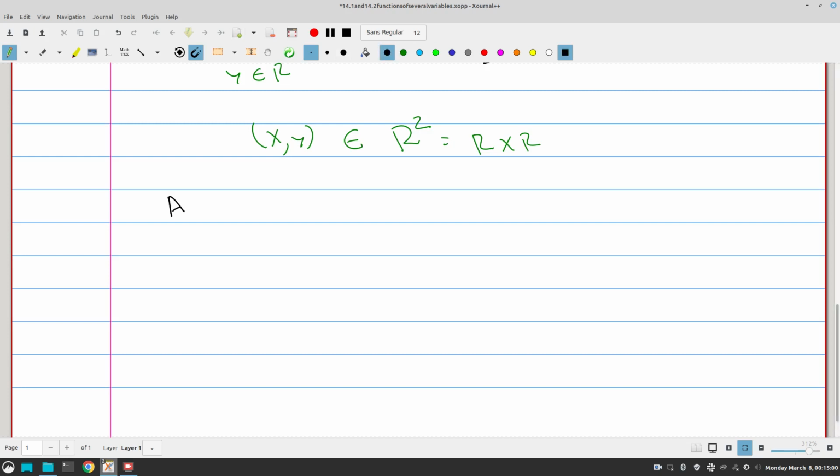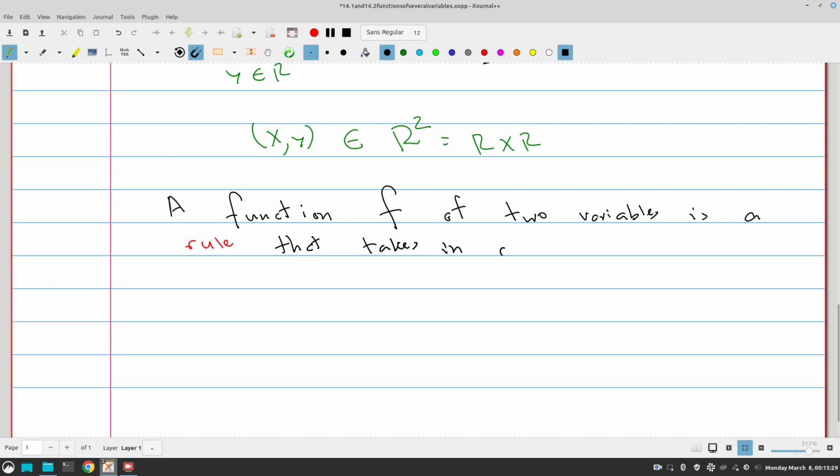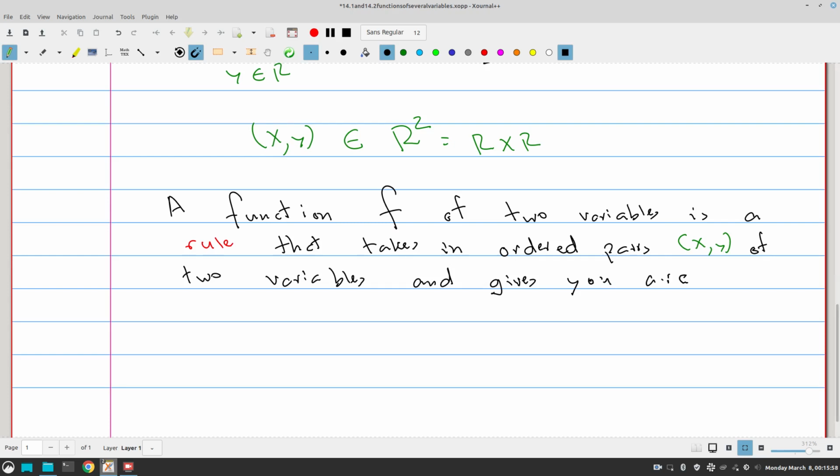A function f of two variables is a rule that takes in ordered pairs (x, y) of two variables and gives you a real number.